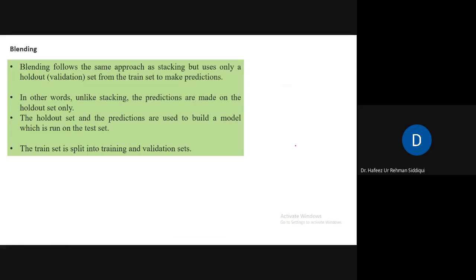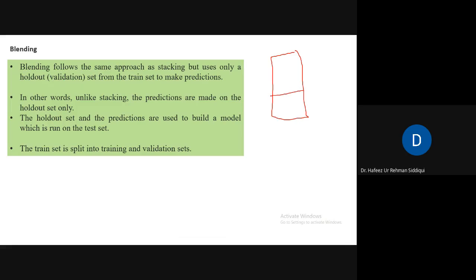Blending. After stacking, we have another complicated classifier for ensembling known as blending. So it's just the same as the previous one, except that it holds out a part of the training data. For example, this is your data set.